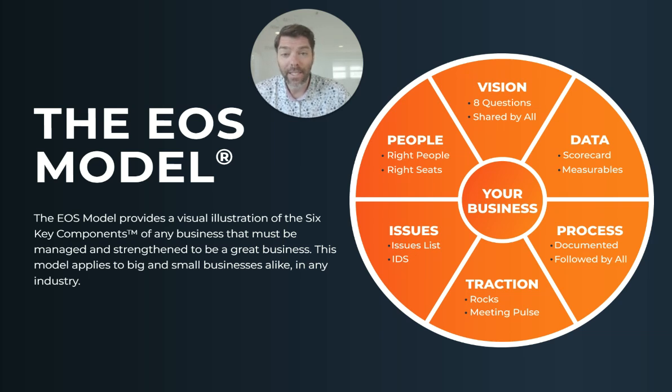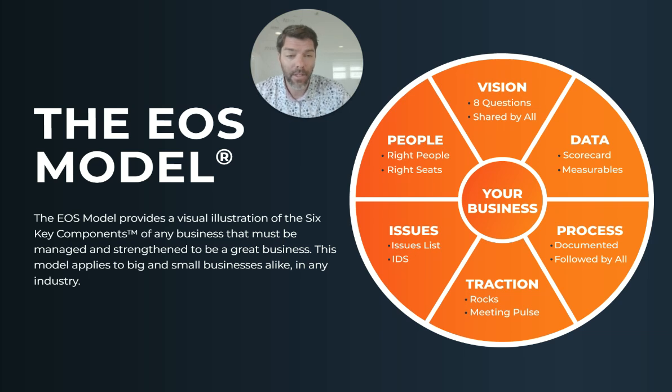Then you have the right seats, and that's about being really clear in terms of what am I accountable for in my seat? What are the roles, the responsibilities in every seat? Who do I report to? Who's on my team? It's bringing that clarity to an organization so that we have the right people, people we love, and it's crystal clear in terms of the seat we sit in and what we're accountable for, creating clear lanes of accountability. That is the people component.